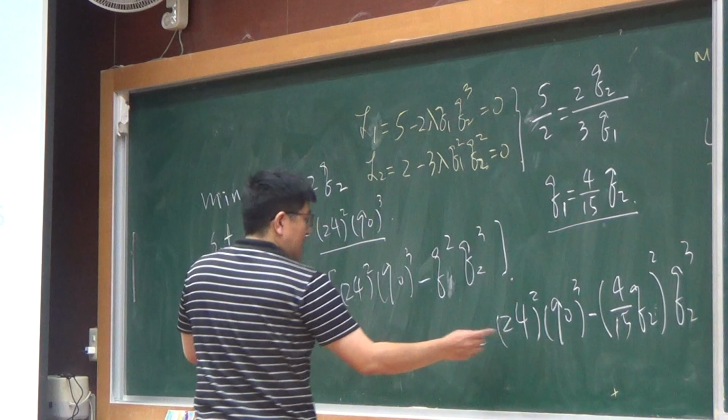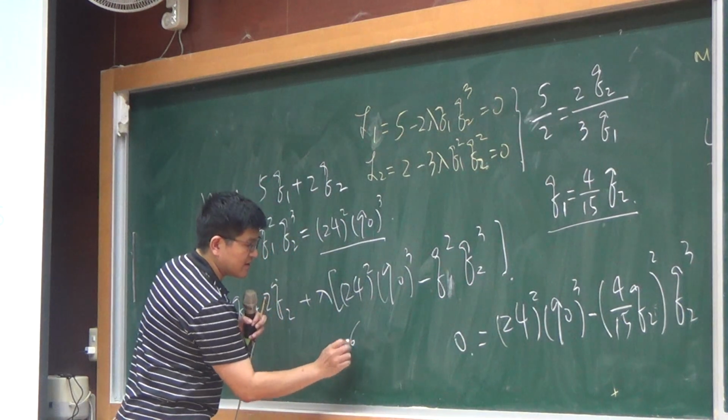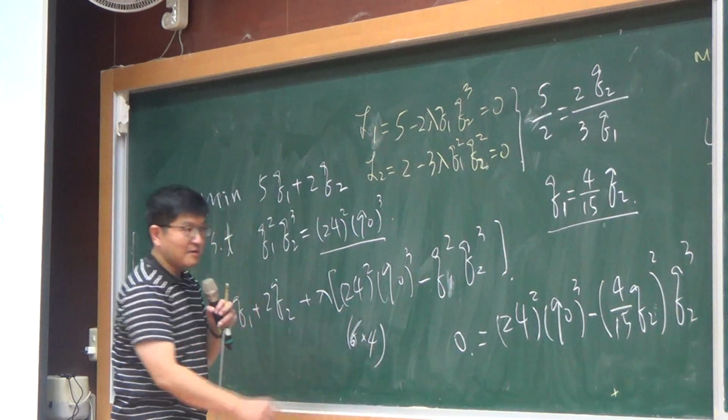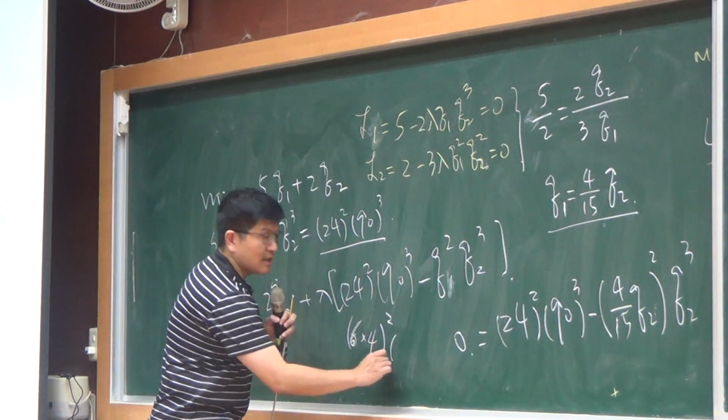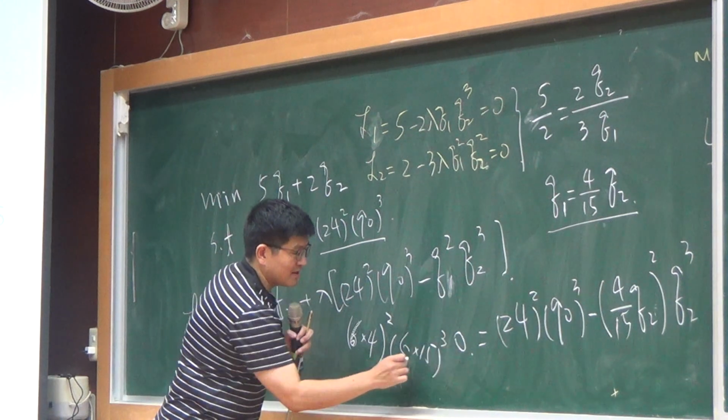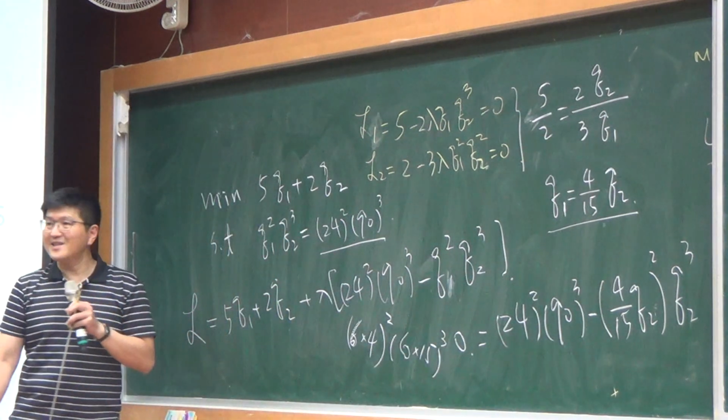Okay. 24 is 6 times 4, squared, and 90 would be 6 times 15. Is that right?